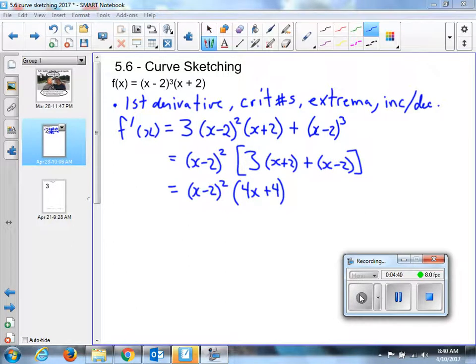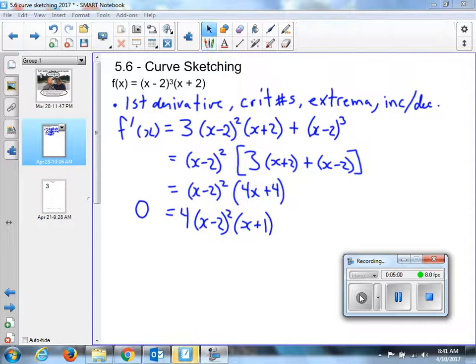Because I'm looking for a critical number though, what do we need to set this derivative equal to? 0. So we're looking for the horizontal tangents. 0 is equal to 4, I'm pulling that out from the second bracket, x minus 2 squared, x plus 1. Now, I think it's fairly simple to see where the zeros are.